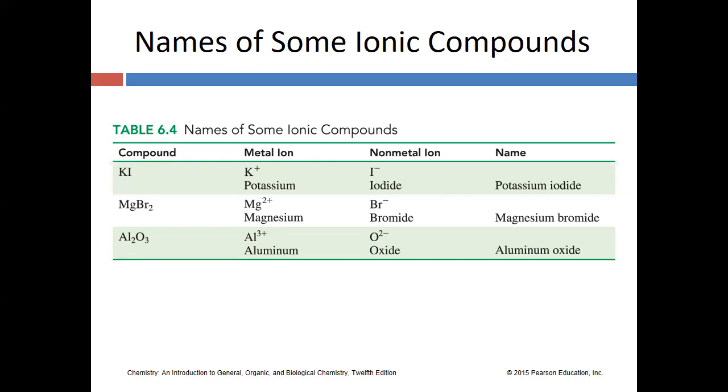All I would need to do is reverse that crisscrossing, and it would give me the charges that I was interested in. Now, that doesn't always work. So this is where understanding positionally where things are on the periodic table helps. For example, KI, the fact that it's 1-to-1 just means that the two charges are the same value. Doesn't necessarily mean that it's +1 and -1.